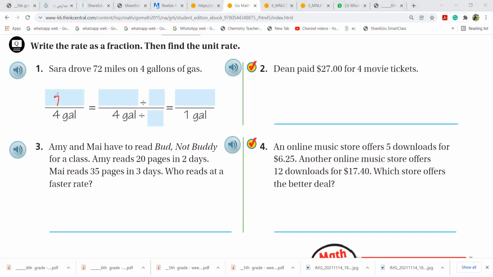See, 72 miles is 4 gallons. Why did you divide 72 by 4? So 1 gallon is how many miles?